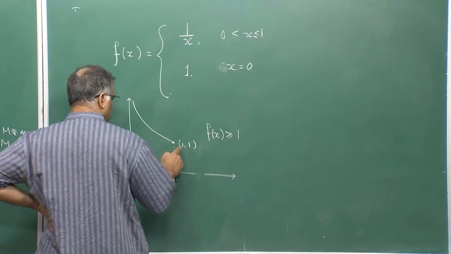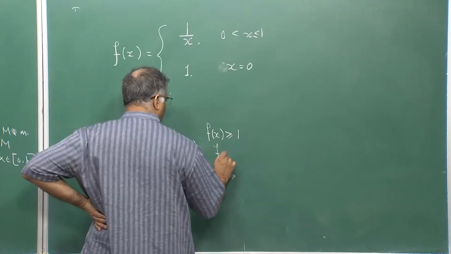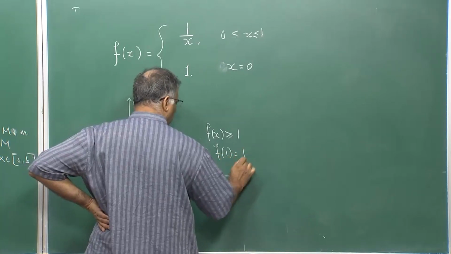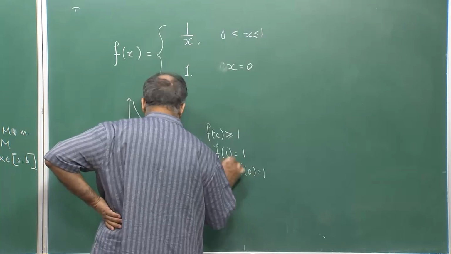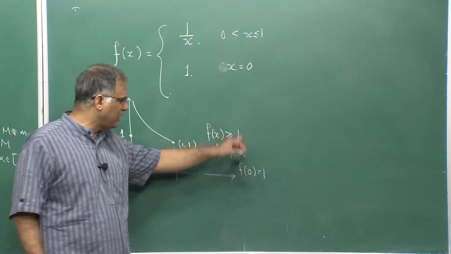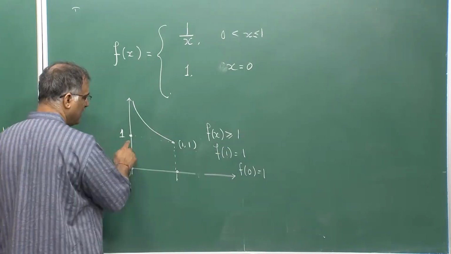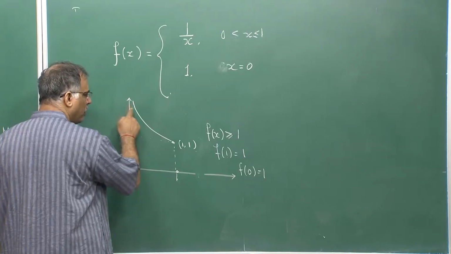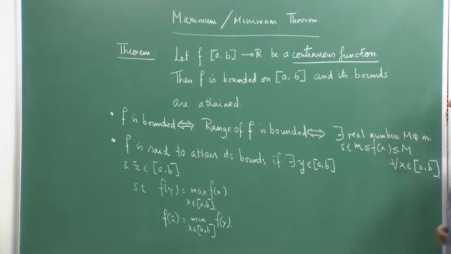I will show that f of 1 is 1 and f of 0 is also 1. So, this is your x bar. So, the minimum value is attained. This is bounded below, but it is not bounded above. You cannot find the capital M for this function.